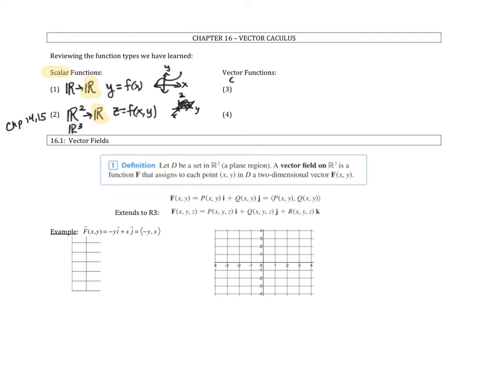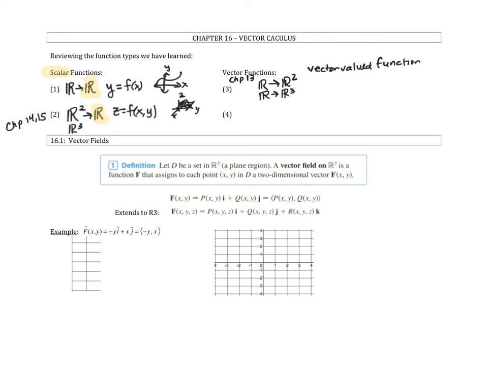Then in chapter 13, we did the kind of function that goes from the set of real numbers into R2 or into R3. Those we called vector valued functions, or just vector functions.